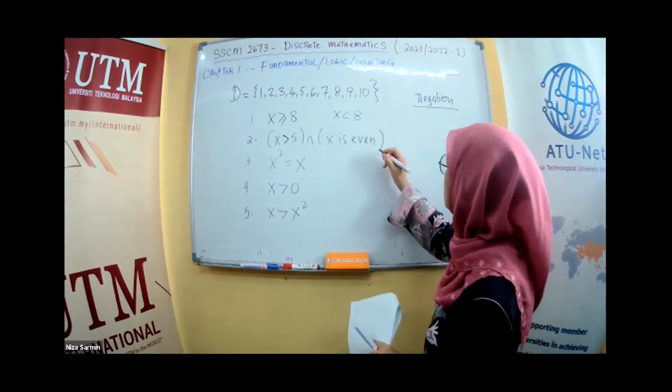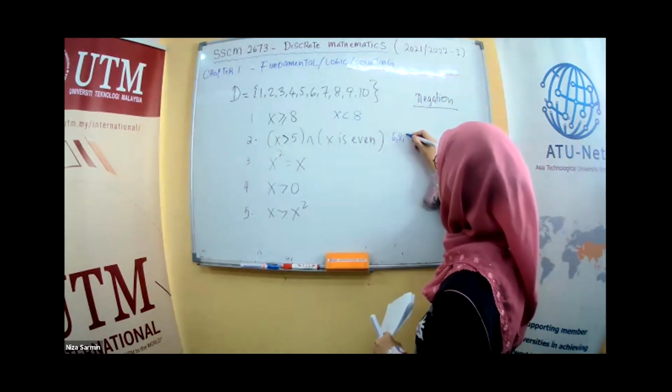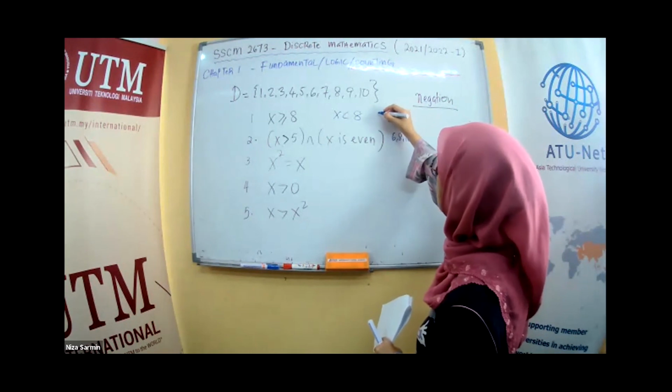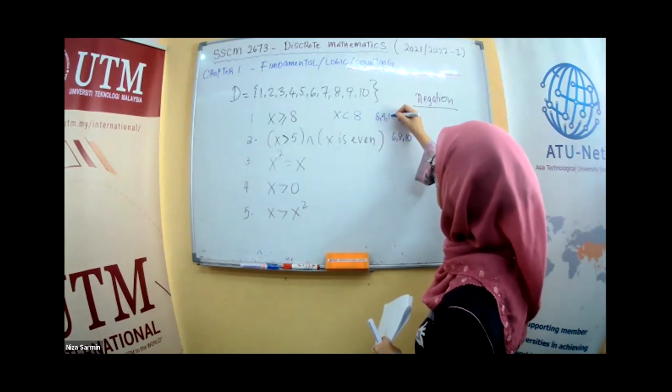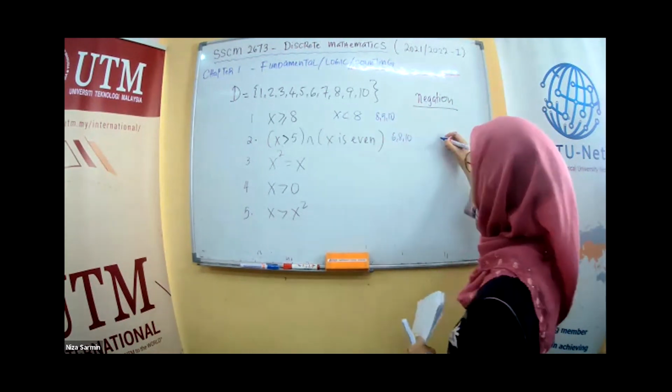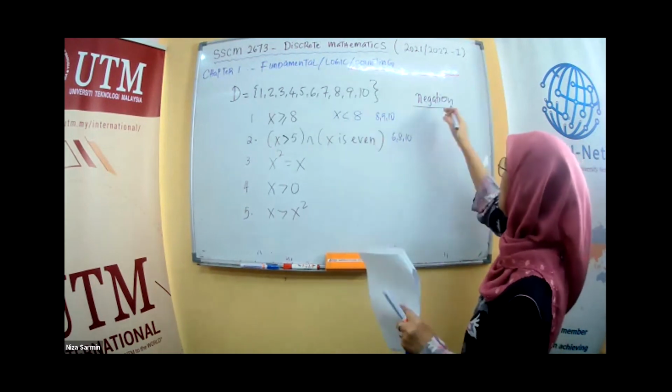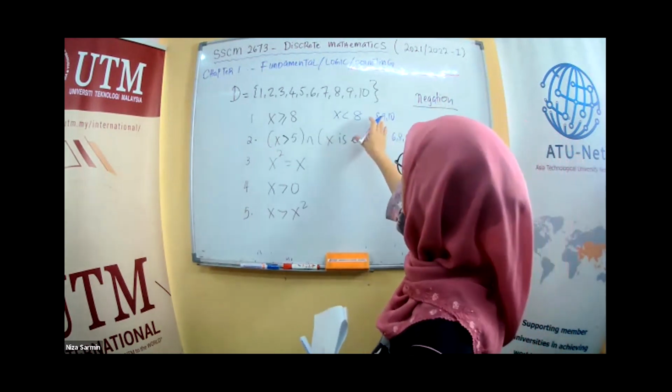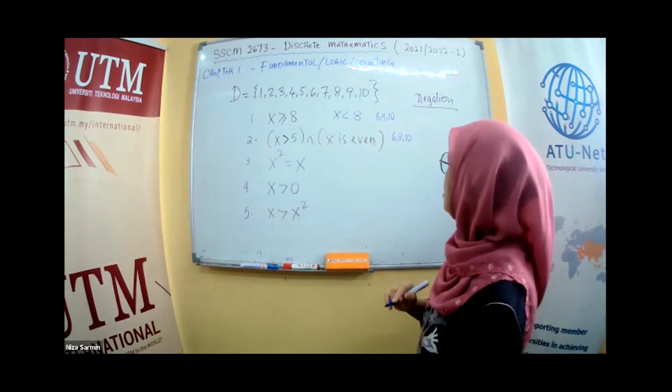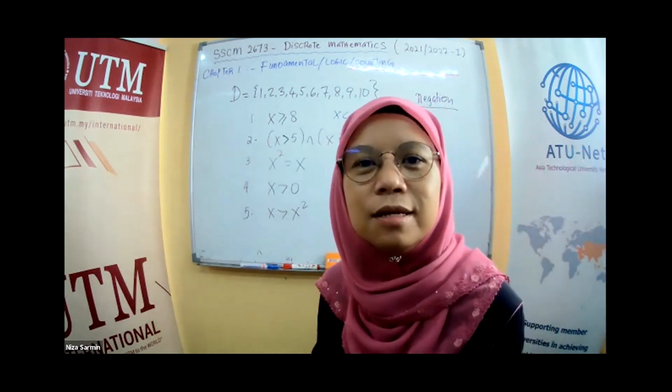Okay, so the answer is 6, 8, 10. And the negation will be the rest, right? The ones that are not. Okay. All right, next is Sneha.